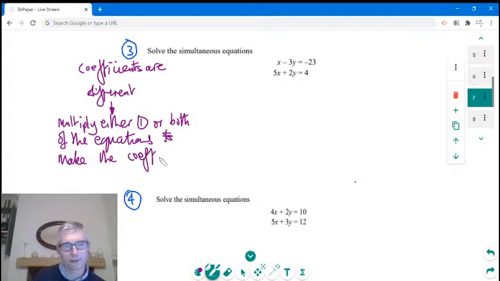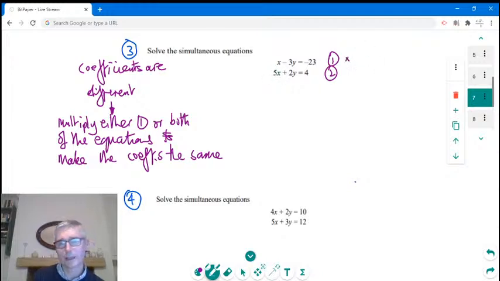I do apologise for my scruffy writing here. We want to try and make the coefficients the same. In this case, the easiest thing to do would be, if I label 1 and 2, to multiply the first equation by 5, and then that will give us a 5x in both cases.